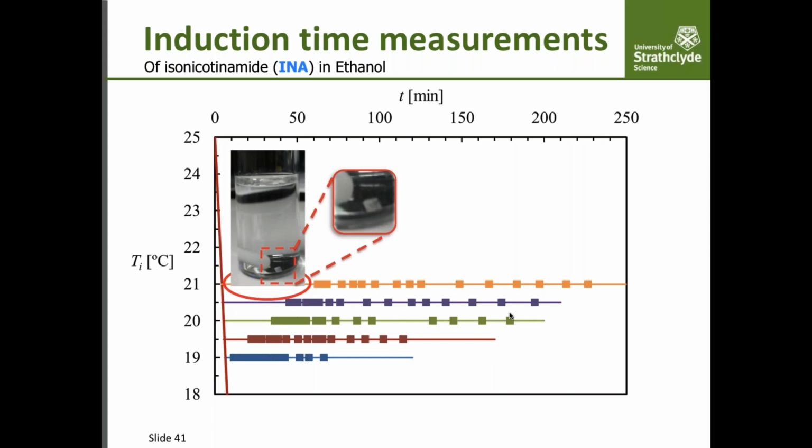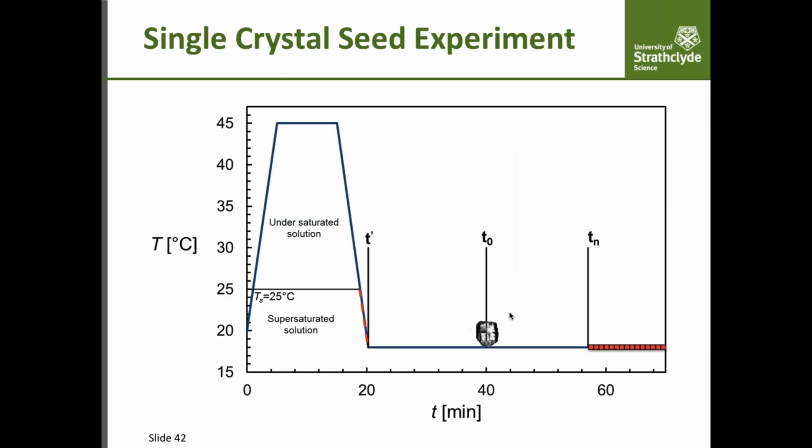So we can, for instance, add a single crystal to such a supersaturated solution and then record the suspension density in time. And this suspension density tells how many crystals are present, so it also tells the secondary nucleation rate. So the process is we have a solution which is saturated at 25 degrees.